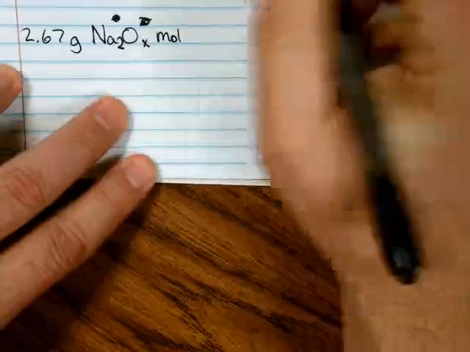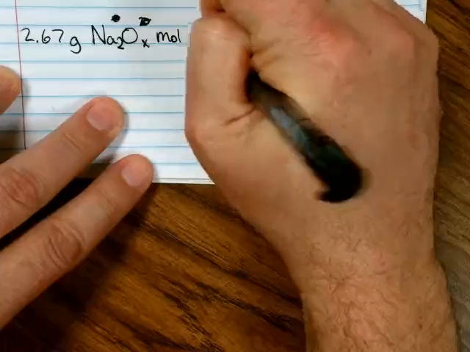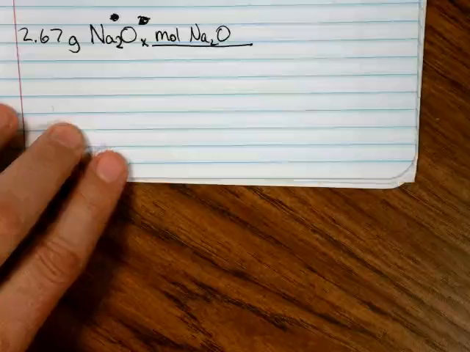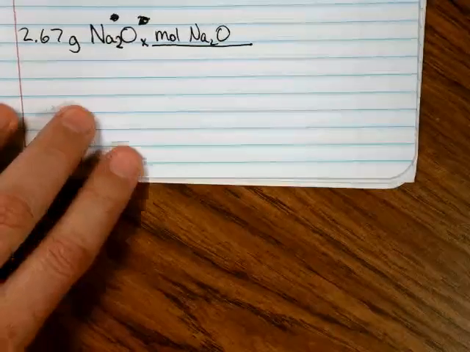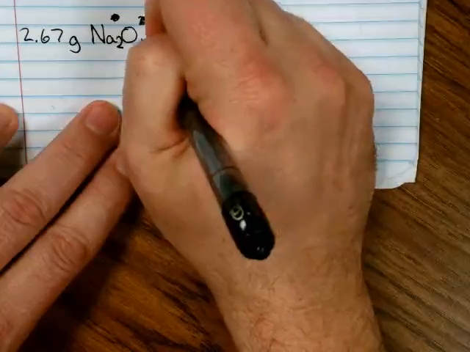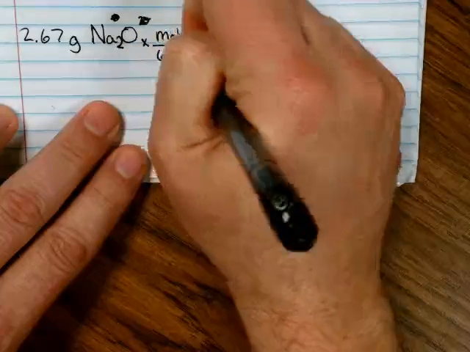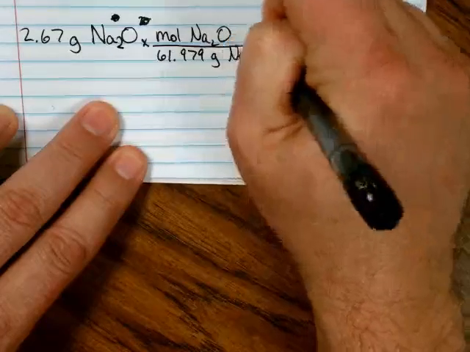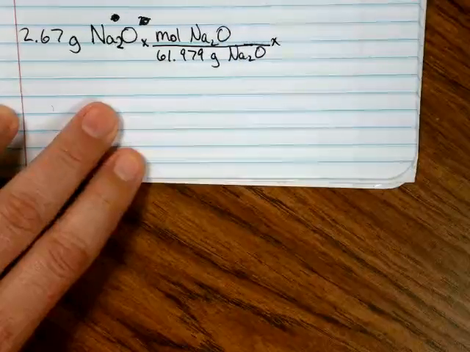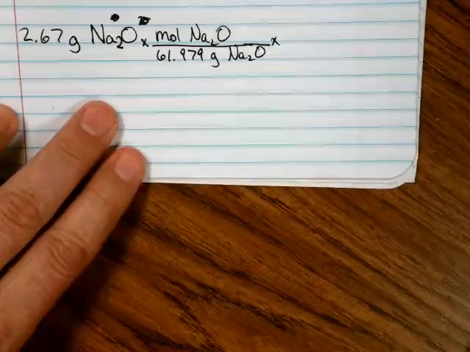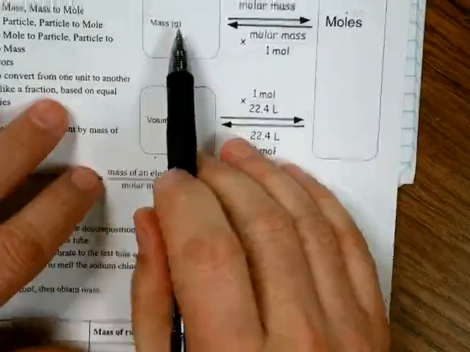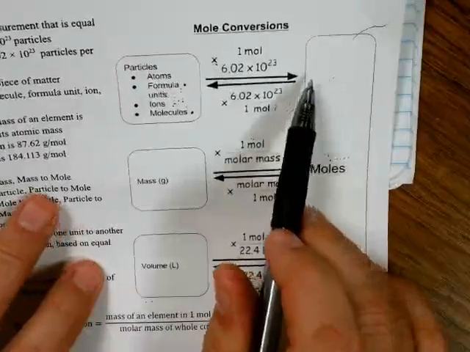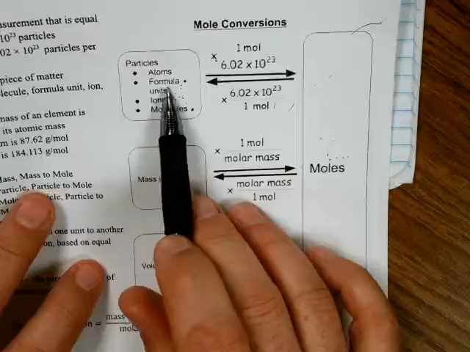Our first conversion factor is a mole of sodium oxide over the molar mass of sodium oxide. Did anybody calculate the molar mass already? 61.979 grams of sodium oxide. And then our next conversion factor, since we converted from mass to moles, now we're going to convert from moles to formula units.